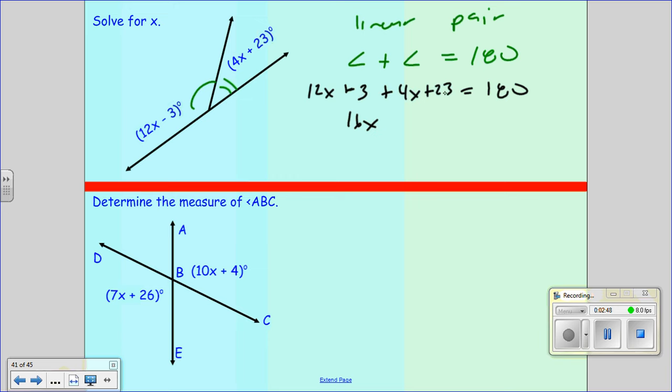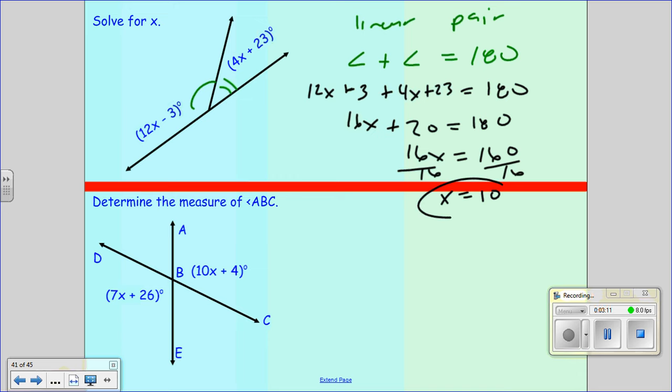Negative 3 plus 23 gives us plus 20. Bring down 180. Subtract 20 from both sides. You would get 16x is equal to 160. Divide both sides by 16. You would get x is equal to 10. And that's all it asks for us to do.